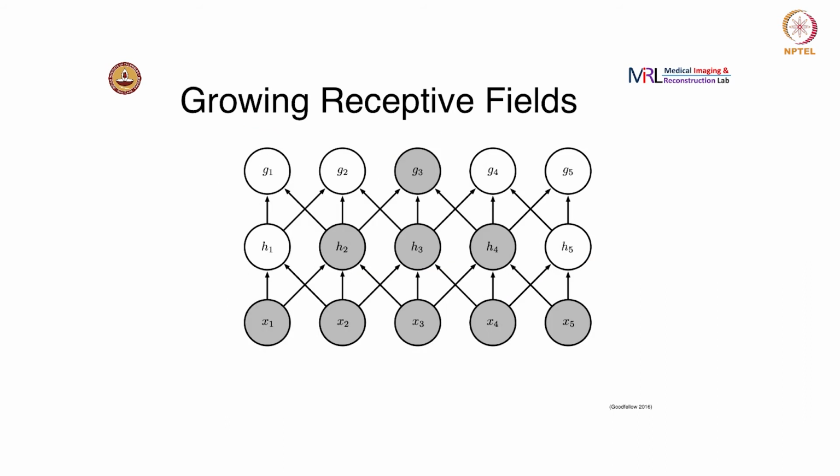We'll also see one more concept that we'll keep running into often, which is the receptive field. Since we are only connecting the output unit to a very small subset of the input, if you consider H3, for instance, H3 is connected to X2, X3, and X4.